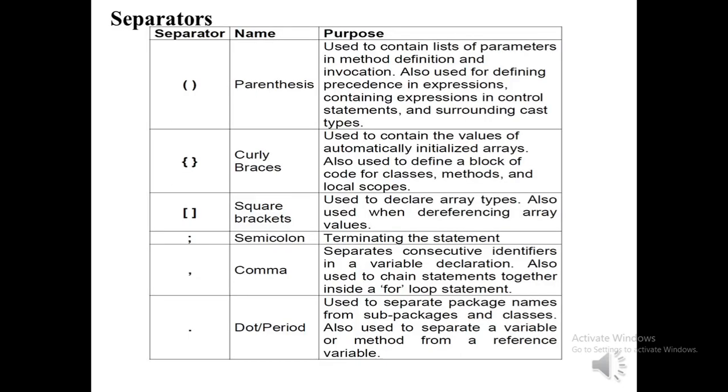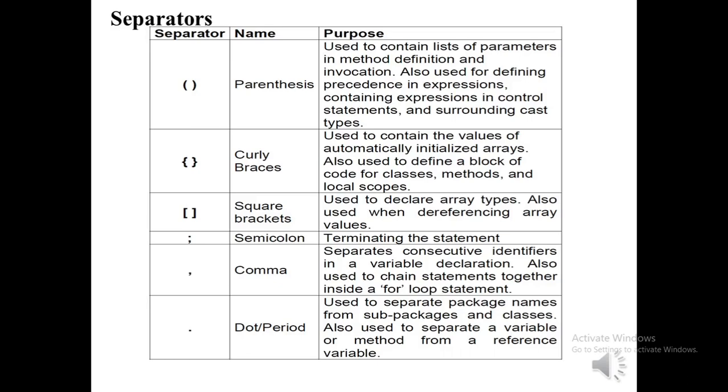Now we are going to see some separators. The first separator is parentheses. Parentheses are used to contain the list of parameters in method definition and invocation. They are also used for defining precedence in expressions, containing expressions in control statements and surrounding cast types. The next separator is curly braces.